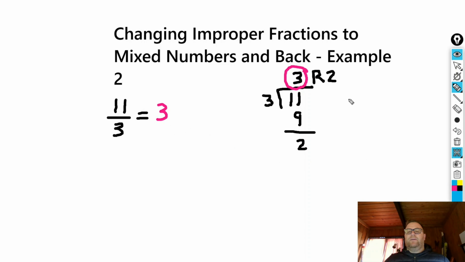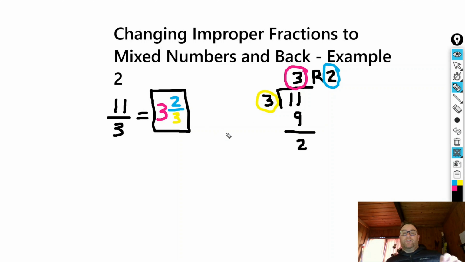And then the remainder here is going to be the numerator of the fraction part, so 2. And then this 3 is going to be the denominator of the fraction part. So our solution becomes 3 and 2/3 there, which is our mixed number for that example.